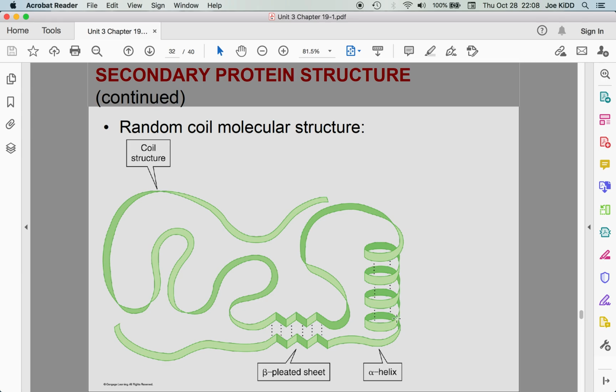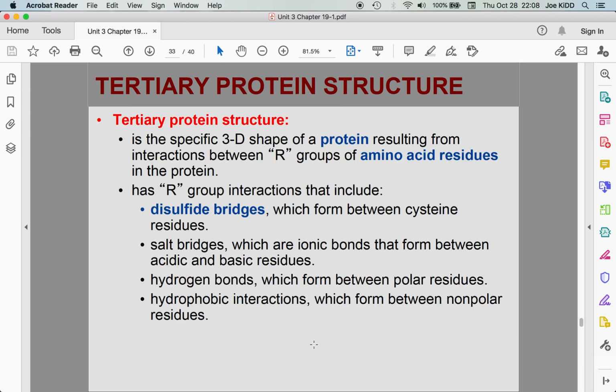So here are our alpha helices, here's our beta pleated sheet. In both cases, the intermolecular interactions are happening at the backbone. That is the primary takeaway lesson from Unit 3 for secondary structure, that the secondary structure occurs when looking at the backbone.